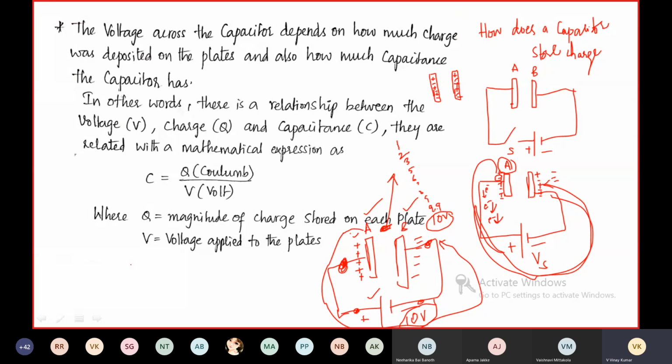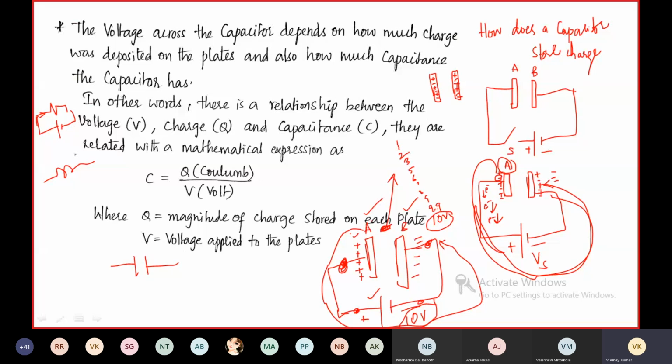The point to be noted here is that the current flowing through the capacitor is not conduction current. If you take one resistor and apply some voltage across it, the current flowing through it is conduction current, because the resistor is in continuous contact with the voltage.